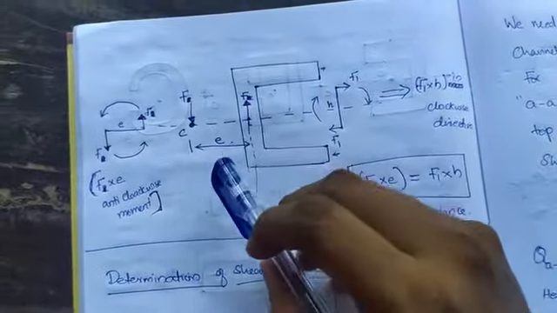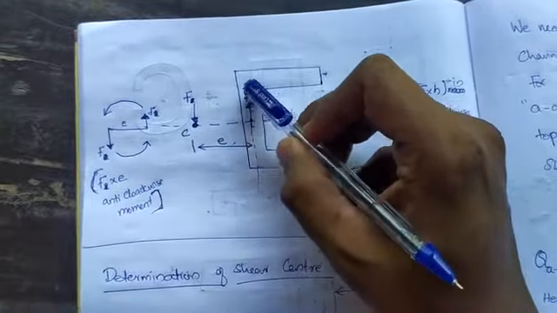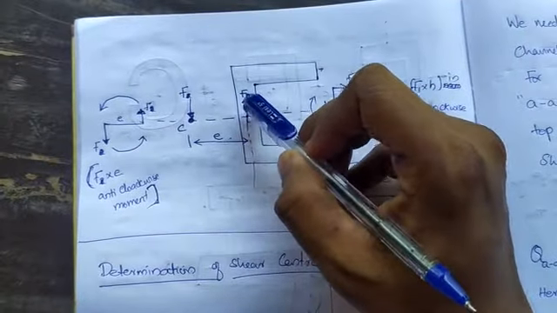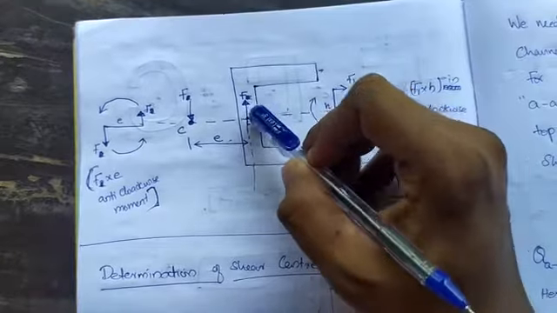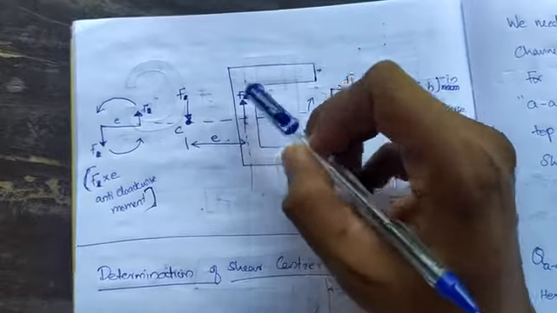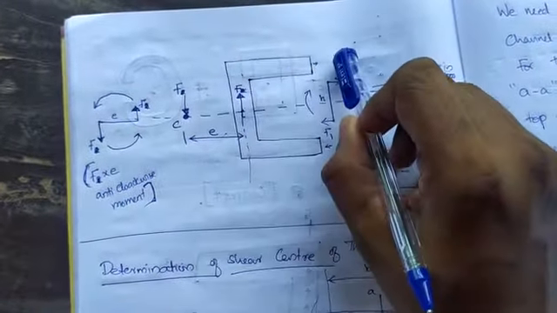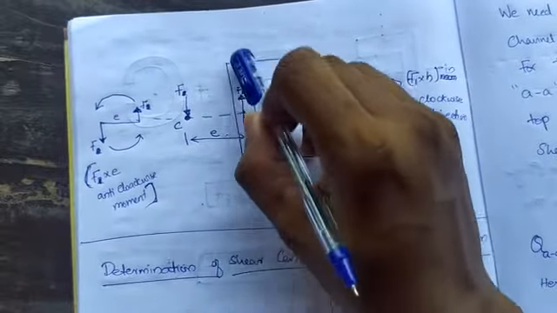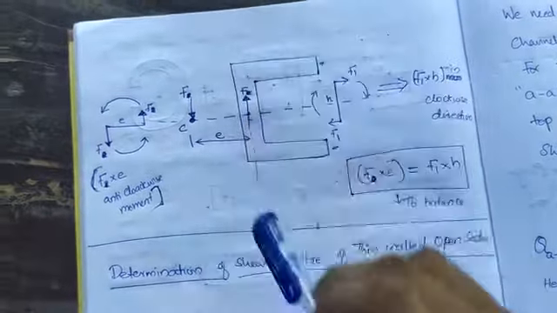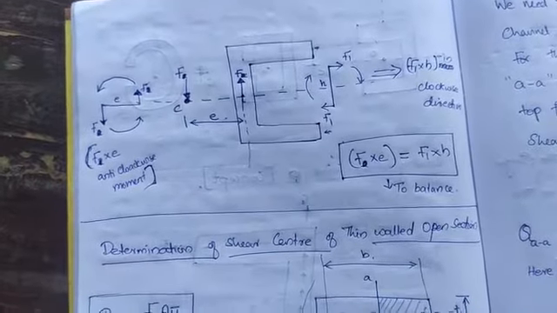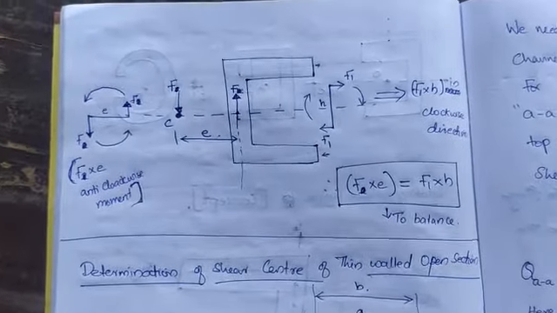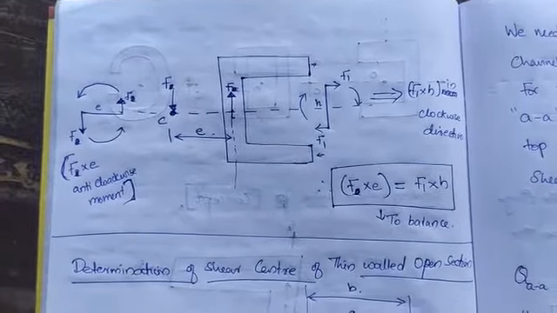It's not F2, this is F. The net effect is that F1 and F1 get cancelled, so the total effective force is F. This is the effective shear force acting.